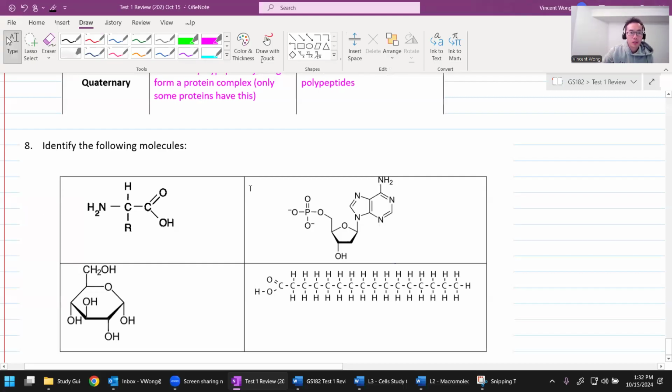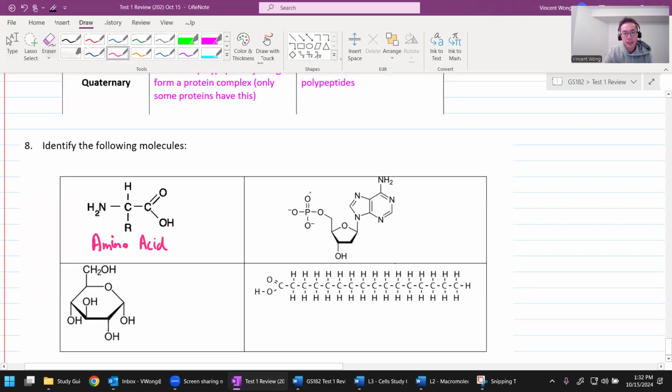Okay, we literally drew this a couple minutes ago. First one is protein. Okay, yes, it's part of a protein. Hydroxyl group and amino. Yeah, amino acid. Yeah, amino acid. Okay.